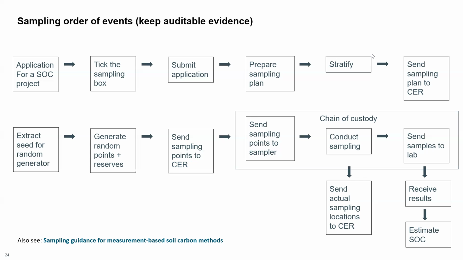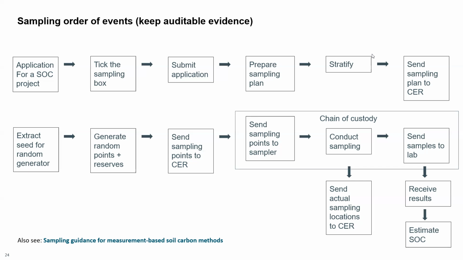You have to send the sampling points that you generated to the CER, and after that you can actually do the sampling. There needs to be a clear and auditable chain of custody between the moment that you send the sampling points to the sampler, when the sampling is done, and when the samples are sent to the lab and processed for results.